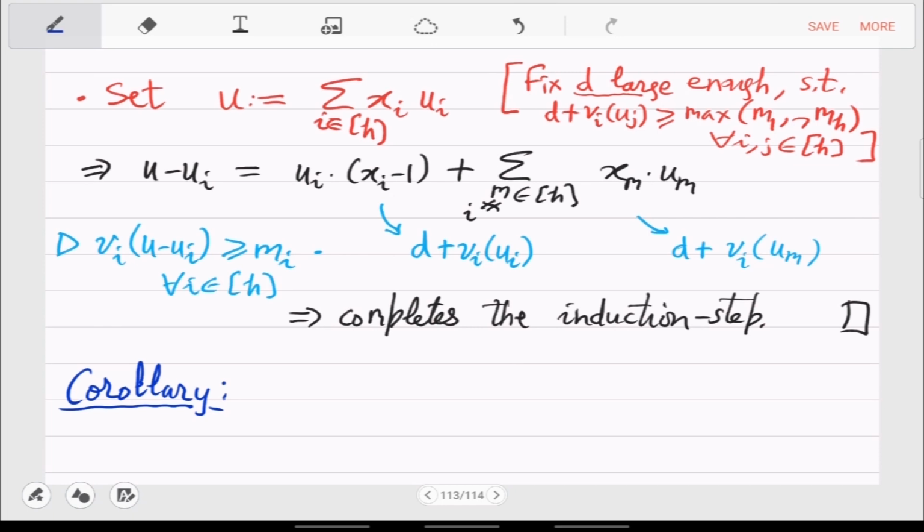Let us just remember that as a corollary of this theorem. So S is a finite subset of the smooth projective curve C.